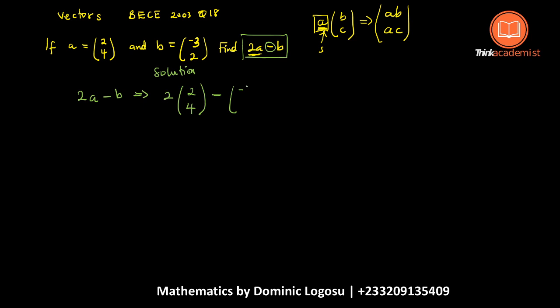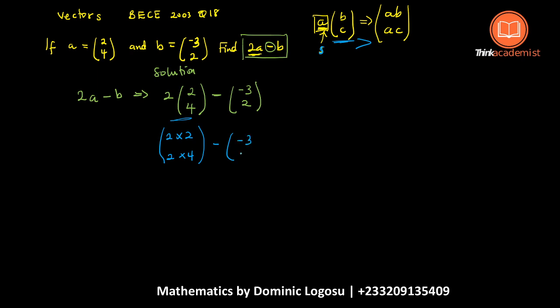Now, as I've explained earlier, if we have this scalar, this is how we are supposed to solve it. So it's the same thing we are going to do here. It means that 2 multiply 2 and then 2 multiply 4. Okay? And then we have our subtraction.